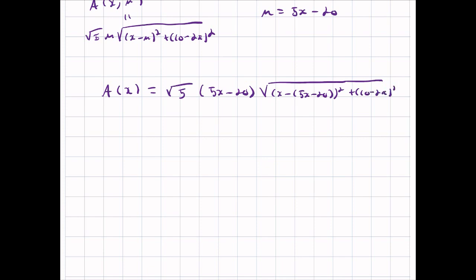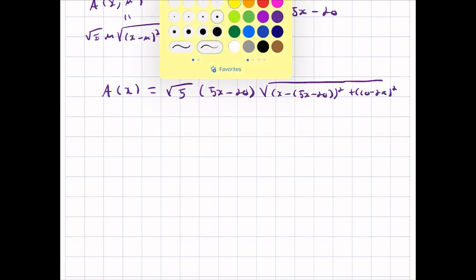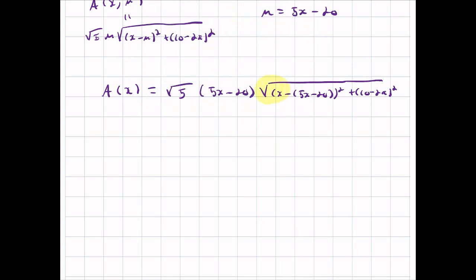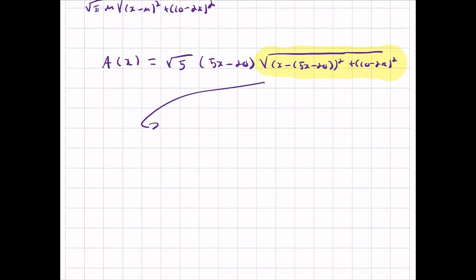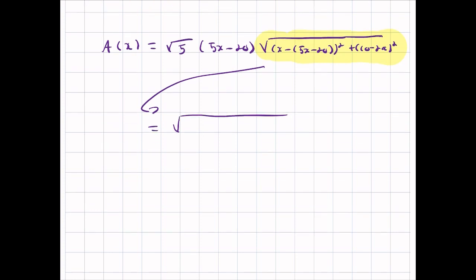10 minus 2x squared. And I'm just going to focus on this bit for a couple of lines and then bring the rest of it back in, because this is the part that needs to be simplified. After I expand it out, this is equal to the square root of x minus, what is this, 20 minus 4x, after I distribute that negative sign, squared, plus 10 minus 2x squared.